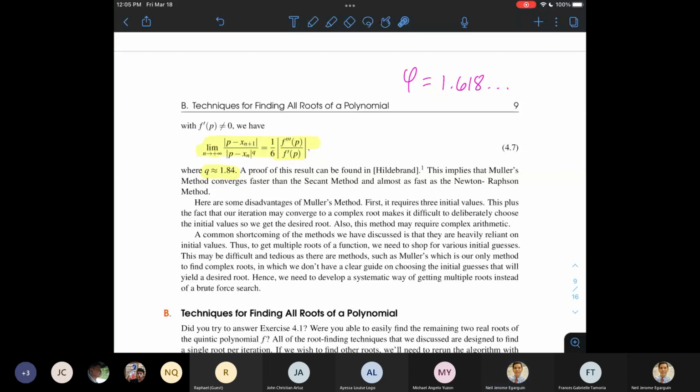Okay. But yun pala, we need to be a little bit careful when talking about yung pagiging fast ng isang algorithm, because we can use fast as an adjective for two things. Number one, the rate of convergence. So pag sinabi natin mas mabilis yung rate of convergence, meaning it will take fewer iterations before a certain stopping criterion is met.